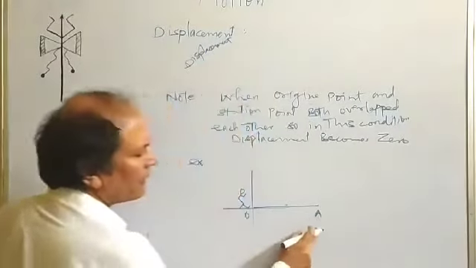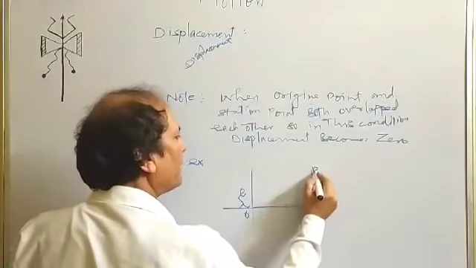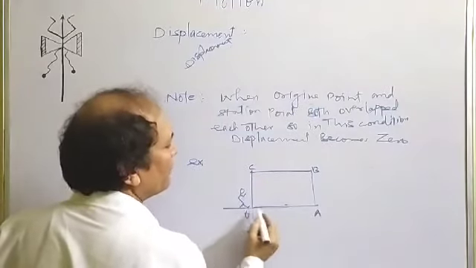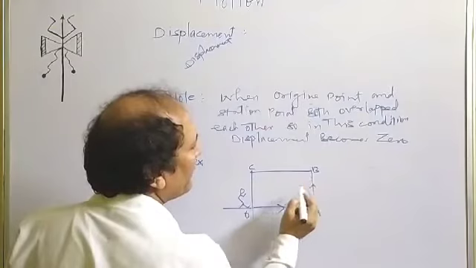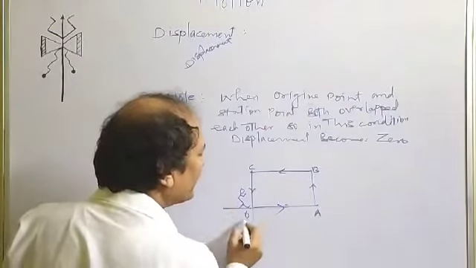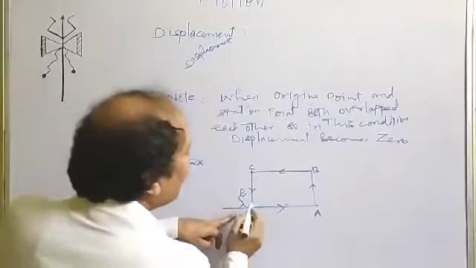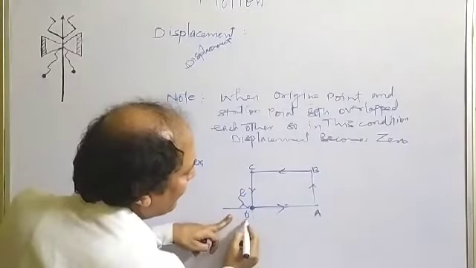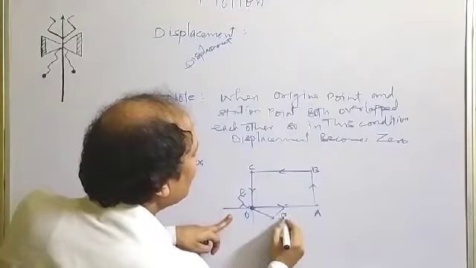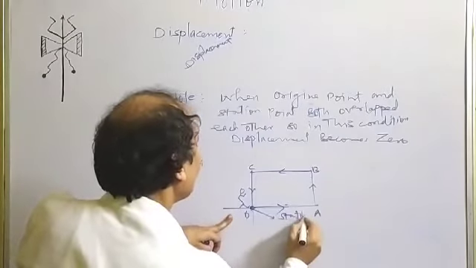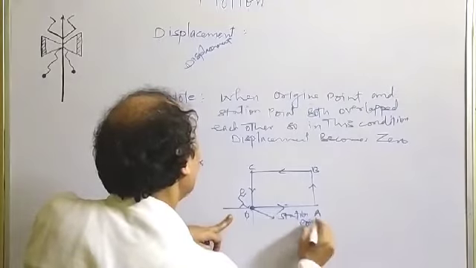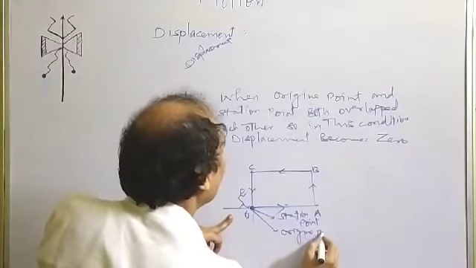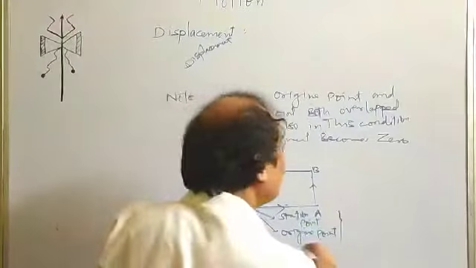It goes from O to A, A to B, B to C, and again goes from C to O. The person comes here and stops, so this is the station point, and the origin point and station point both overlap each other.